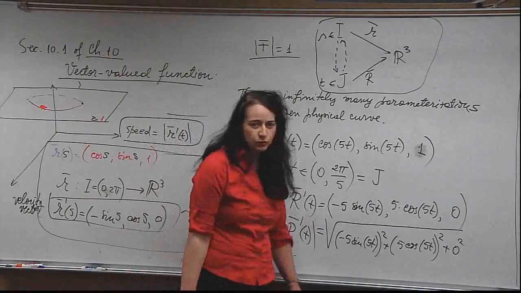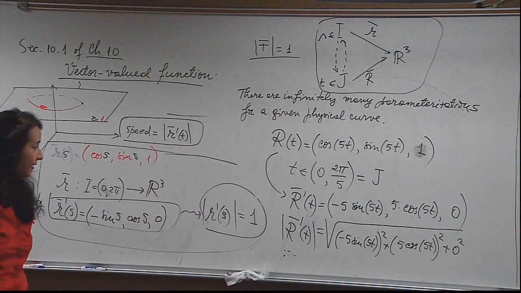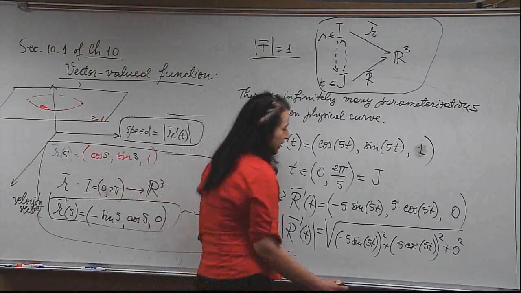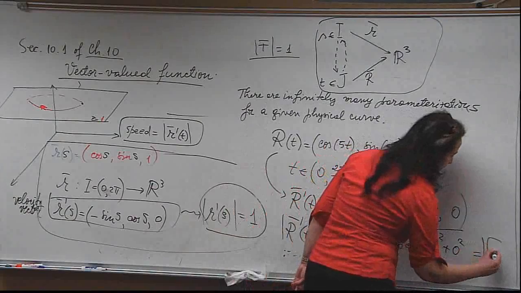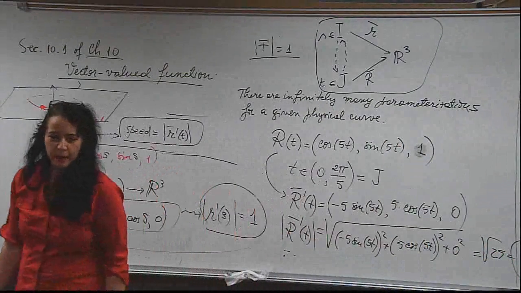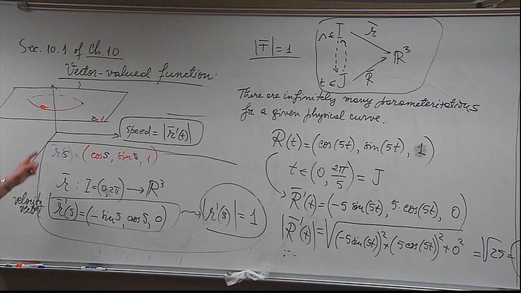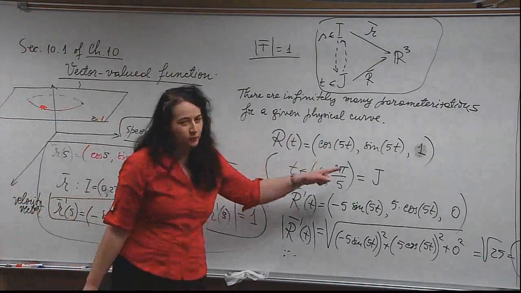This is 5 sine squared plus 5 cosine squared. Then I have 5 times 1. So the square root of 25 will be 5. What is 5? 5 is the speed of the bug along the same physical curve the other way around, the second time around.